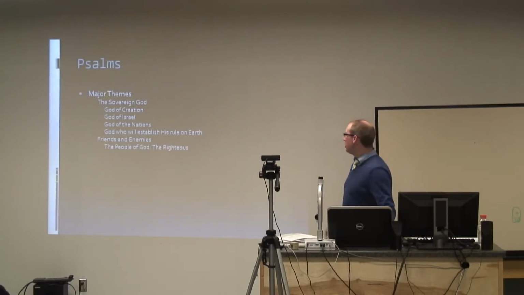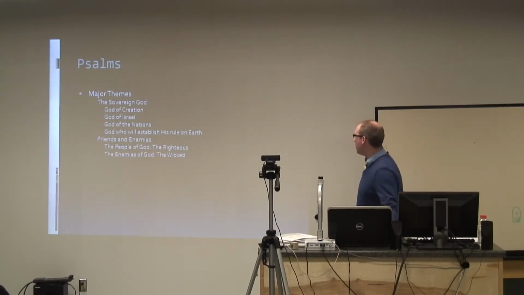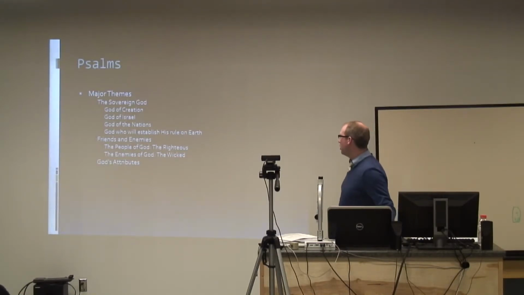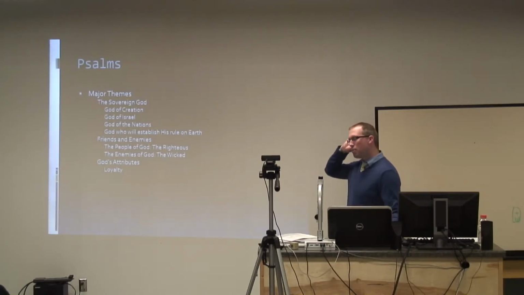Friends and enemies are a major theme. The people of God, the righteous, the enemies of God, the wicked. God's attributes are brought out, his loyalty, his goodness, the word loving kindness. You will see that in Psalms over and over and over again. And there may not be a more rich word in all of the Old Testament than the Hebrew word chesed, which the New American Standard translates loving kindness, which is not really an English word.